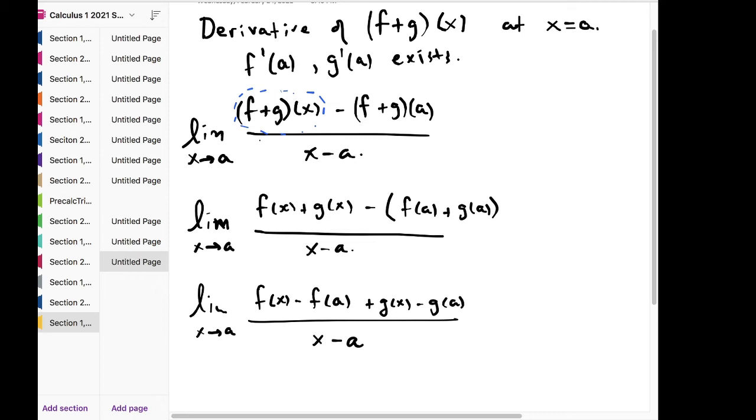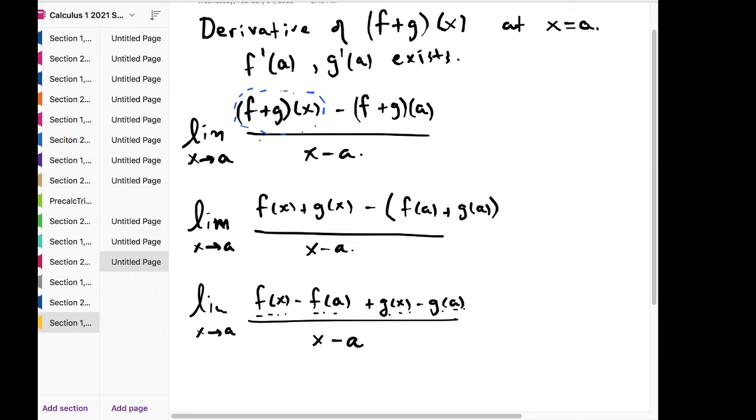What do you see here that looks familiar? I can't factor, right? None of these things are the same. So I can't cancel anything, right?